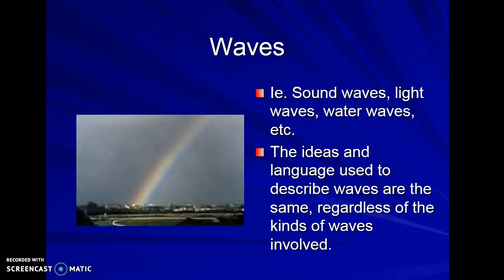It doesn't really matter what type of waves we're looking at, sound, light, or water. The ideas that we talk about with waves and the language are the same for all of them. So what we're going to learn today with the language that we use for sound and light waves would be the same if we were to talk about ocean waves or seismic waves as well.